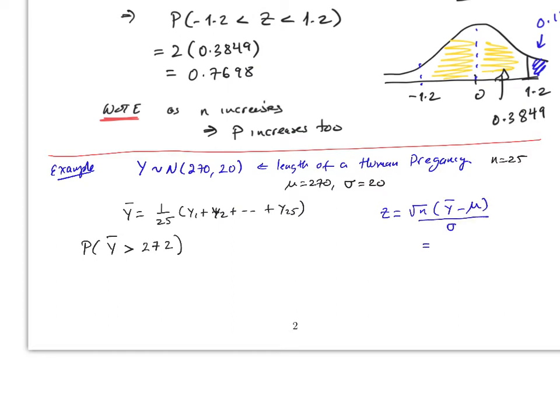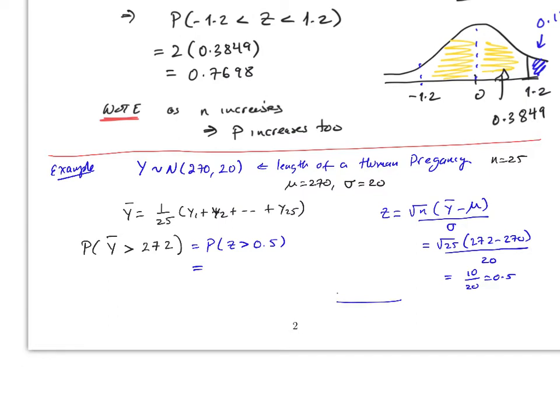So in our case, it will be the square root of 25 times (272 minus 270) divided by 20. So then this will be 5 times 2, so that's 10 divided by 20, that's 0.5. Therefore, this is the same thing as the probability that z is greater than 0.5.